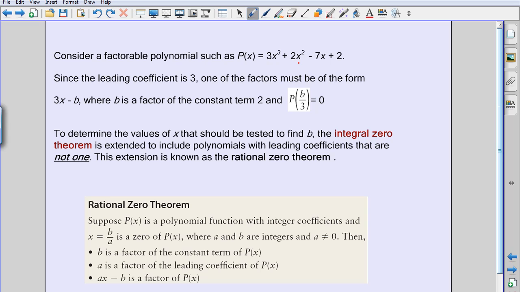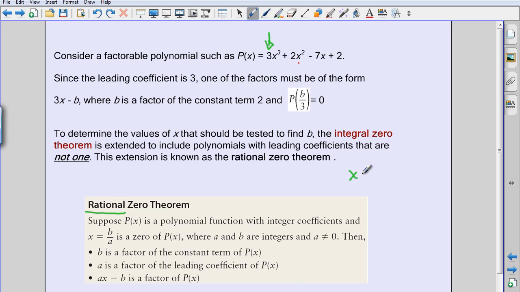The very last thing we want to take a look at is what happens when we have polynomials with a number out in front other than 1. The same approach applies as when we used the integral zero theorem. The difference now is we may have more possible factors, and some of those factors may actually be fractions.